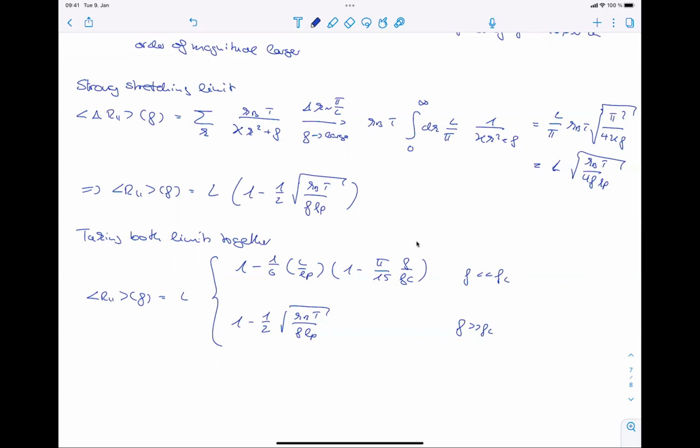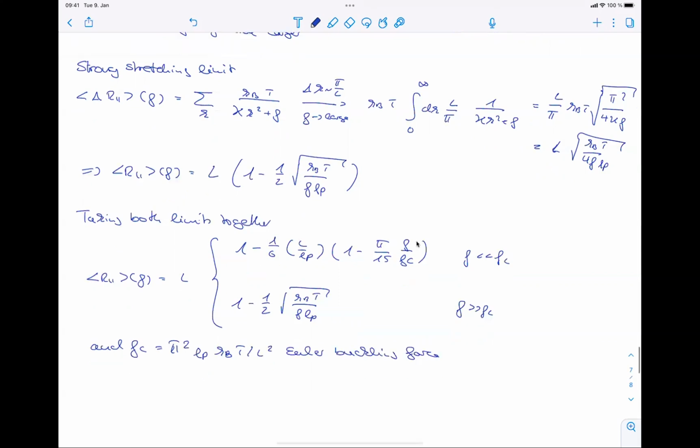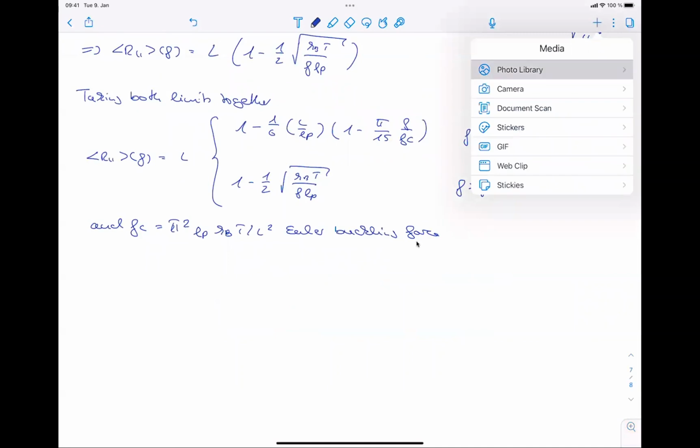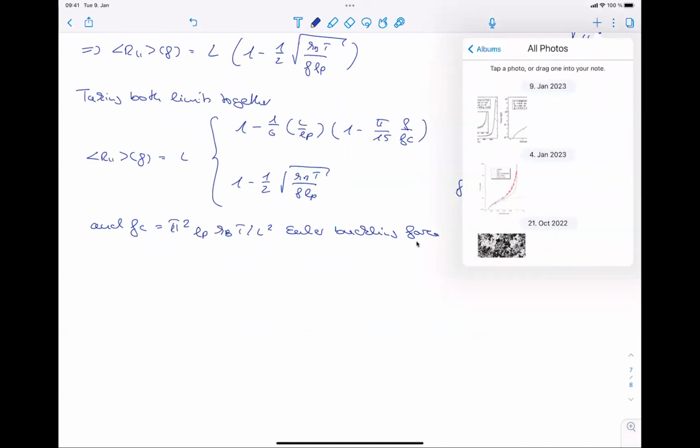It's a very large force for my pen, but it's a smaller force for something more flexible. And so that's an adequate choice of a non-dimensional number. And so this is pi squared, force.